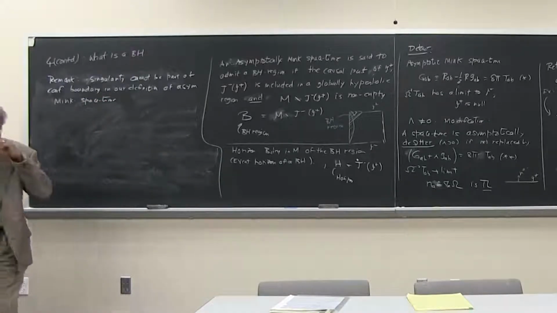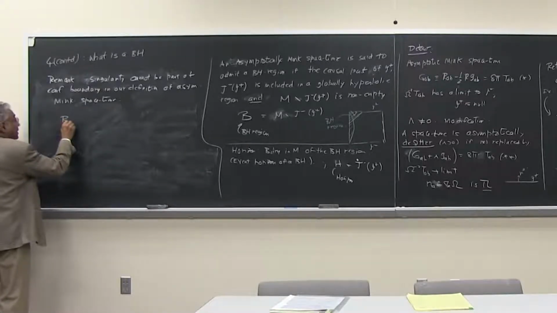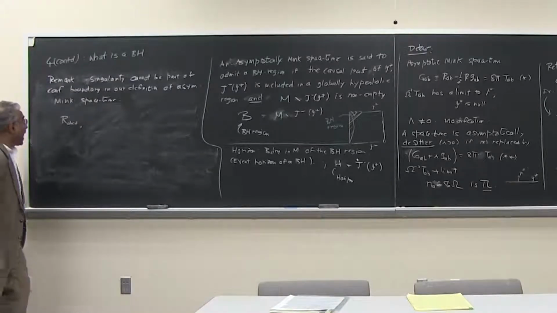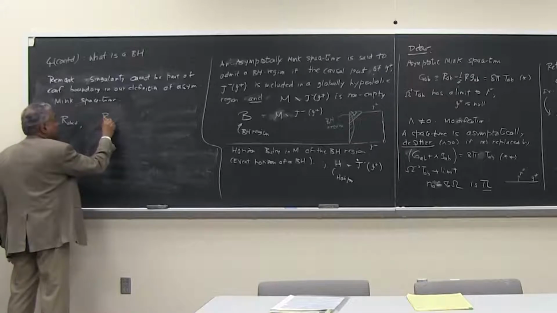Now, how do I see this? Well, remember we can look at the curvature tensor. This is the Riemann tensor up here. And I can contract two of these indices, and that gives me the Ricci tensor.